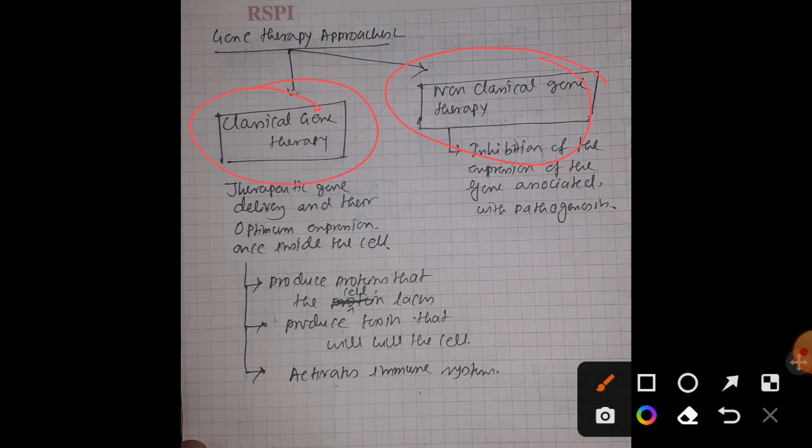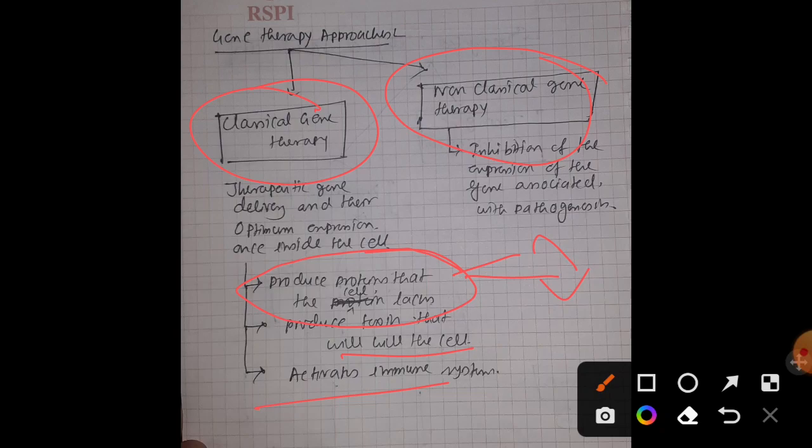This protein will either fulfill the shortage or absence of some type of protein in the cell that will cure the disease, or in other cases these types of proteins have the ability to produce toxins that will kill the cell directly, or in some cases it will activate the immune system, so that the immune system can take care of those cells.